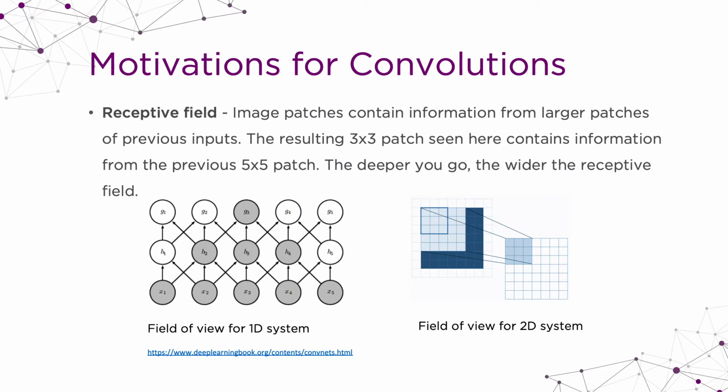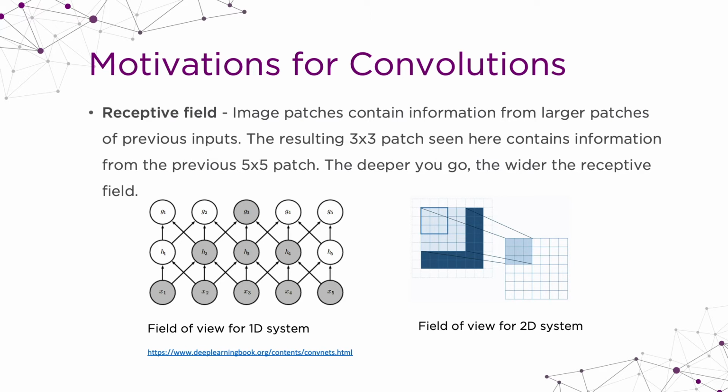And again, we can think of this also for our 2D system. Here we have our kernel, and we'll get this specific output. So the output on this cell will be the combination of these 3 cells. Now, as we continue, if we only go over this 5x5 patch, we'll end up with a 3x3 patch. But this 3x3 patch is made up from the information of this 5x5 patch, right?